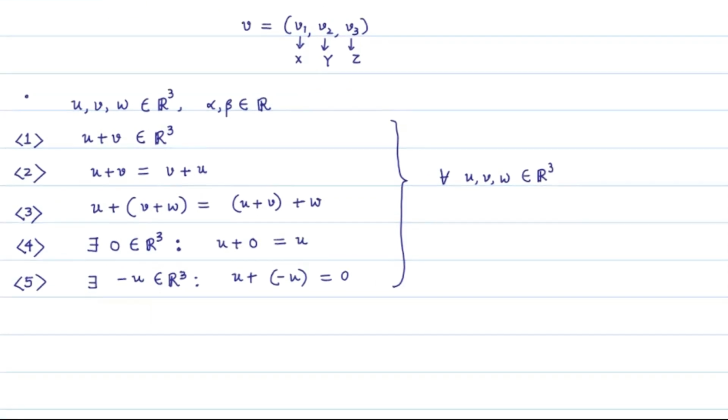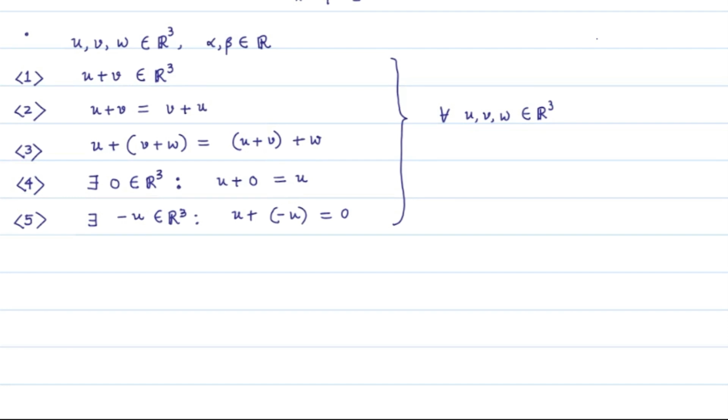Regarding scalar multiplication with vectors, we all know that if we take scalar alpha times a vector u, we get a vector in the three-dimensional Euclidean space. If we take alpha times beta u, then we get a vector identical with alpha beta times the vector u.